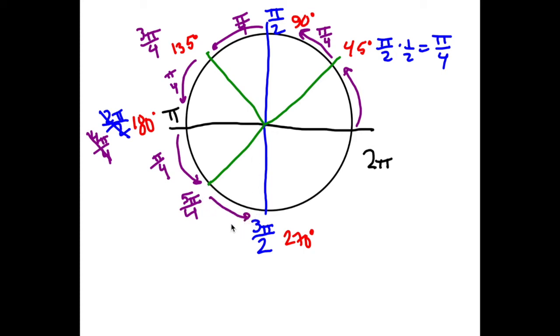Add another pi over 4. Oh, it's going to be 6 pi over 4. But wait, can I reduce that? I sure can. This actually reduces to 3 pi over 2, which is the same thing as this guy right here.